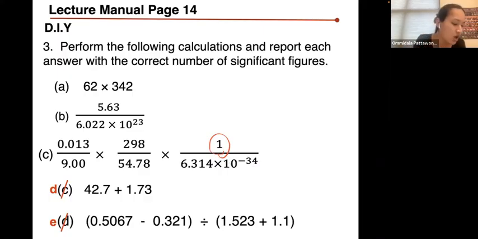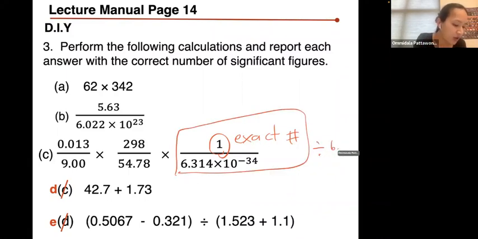This 1 is an exact number, so you don't count it toward the number of sig fig. It's similar to replacing this with divide by 6.314 times 10 to the negative 34. It's the same thing, so that 1 will not count toward the number of sig fig in your final answer. Note that.